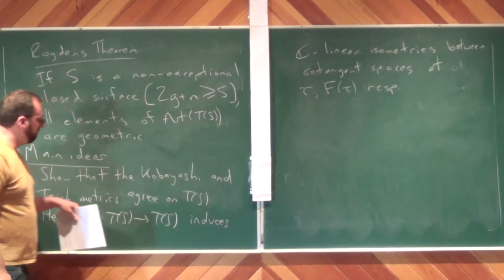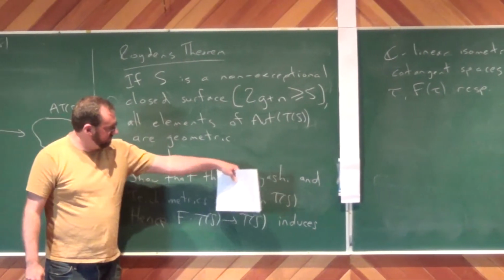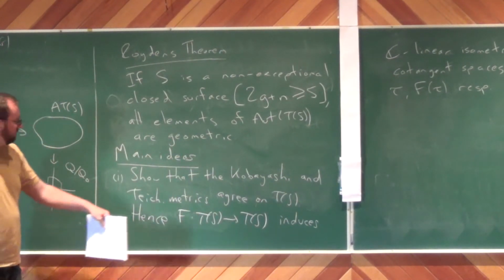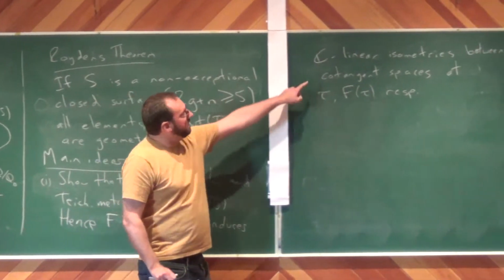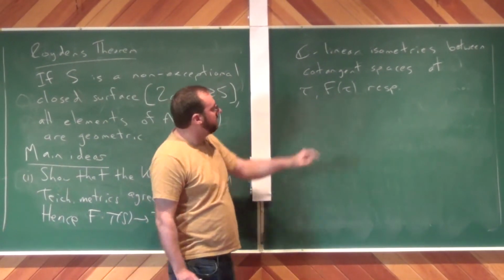So if you start with a biholomorphic automorphism, then you get the fact that it preserves the Kobayashi metric, which means it preserves the Teichmüller metric, which gives you, when you work it a little bit, complex linear isometries in the cotangent spaces between tau and f of tau.